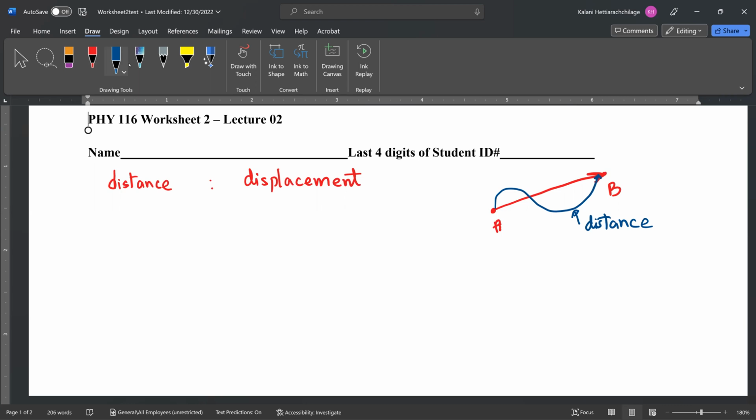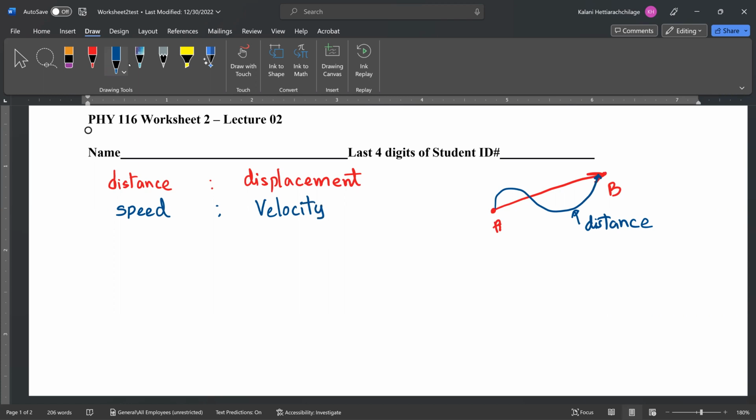because displacement is a quantity that has a direction and a magnitude, and distance is just a number. And second, we discussed speed and velocity. Speed and velocity are also different quantities in physics.